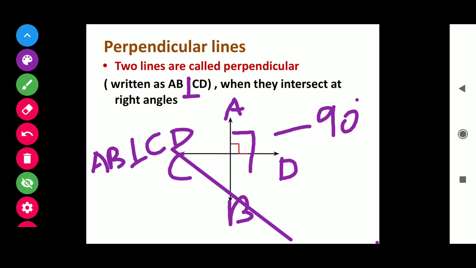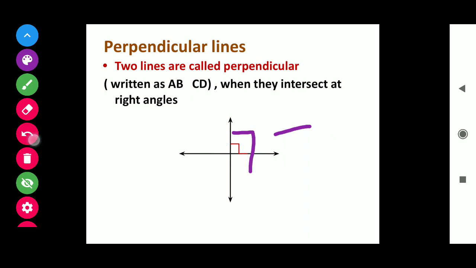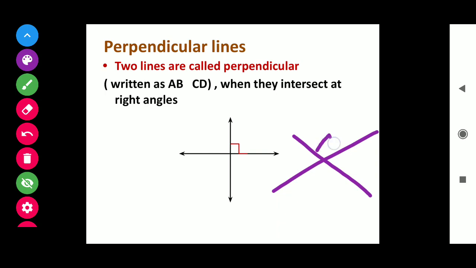They are also called intersecting lines because they have one common intersection point. So all perpendicular lines are intersecting lines, but all intersecting lines are not perpendicular lines, because you can see these two lines are intersecting, but they are not perpendicular because the angle is not 90 degrees. Only when the angle is 90 degrees can you say that the intersecting lines are perpendicular lines.